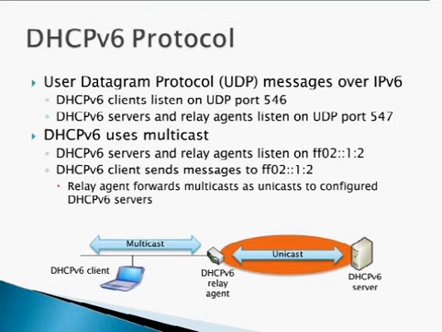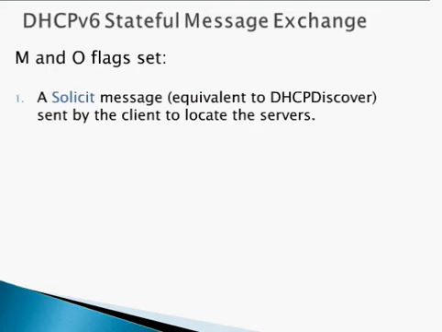Let's take a quick look at the stateful message exchange. Again, both the M and the O flags are set, so the client is not only asking for addresses, but it's also asking for additional configuration parameters. The first thing it does, assuming that it's just waking up on the network, is send this multicast solicit message to locate the servers.